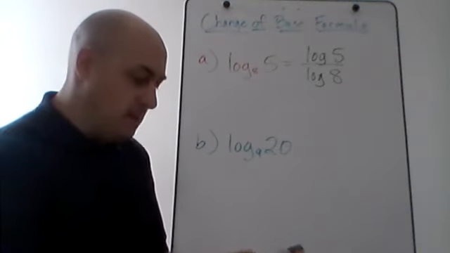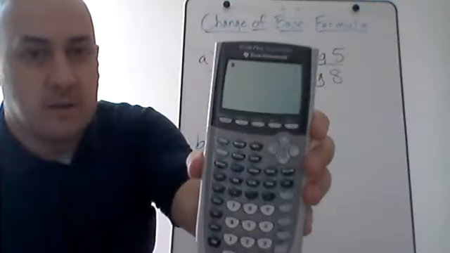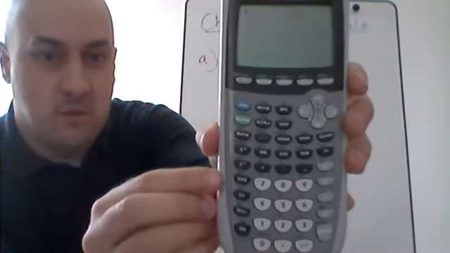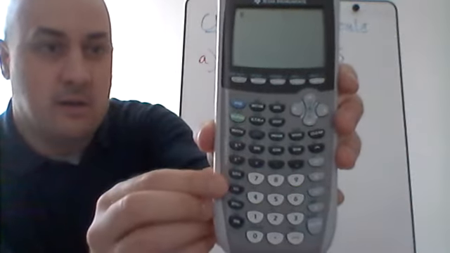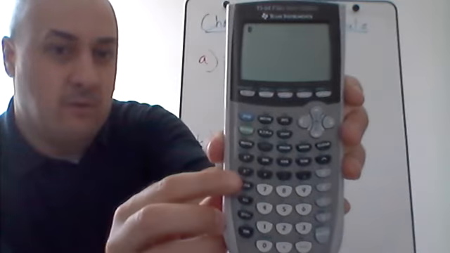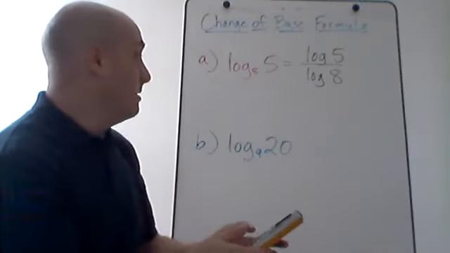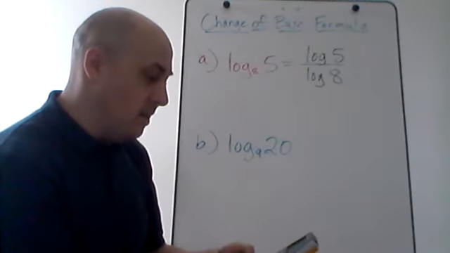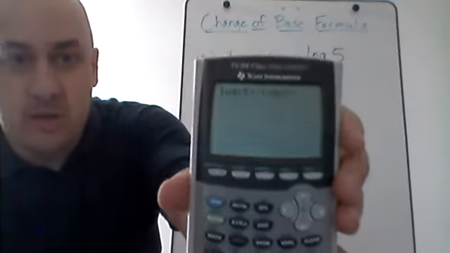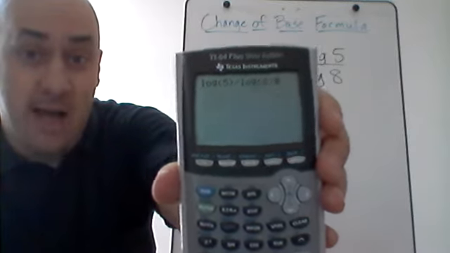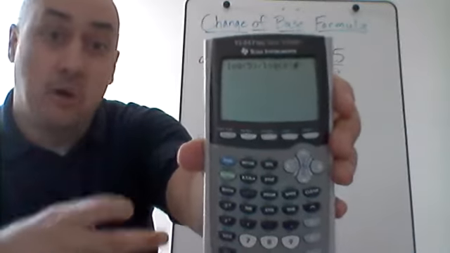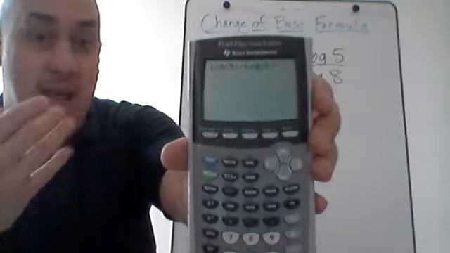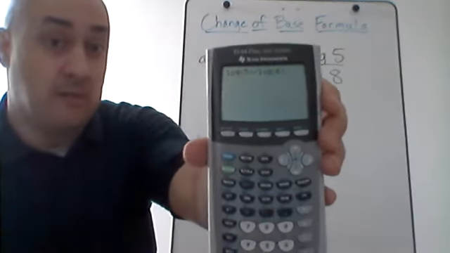And once I got that set up, let me go to my calculator. Remember, on the graphing calculators, the TI-83s and 84s, the log and the ln buttons are over here on the side next to the 7 and the 4. So I do log 5, close parentheses, divided by log of 8. You have to make sure you close the parentheses after that log of 5 so that the calculator knows that it's going to calculate the log of 5, and then after it gets that, divide it by the log of 8.